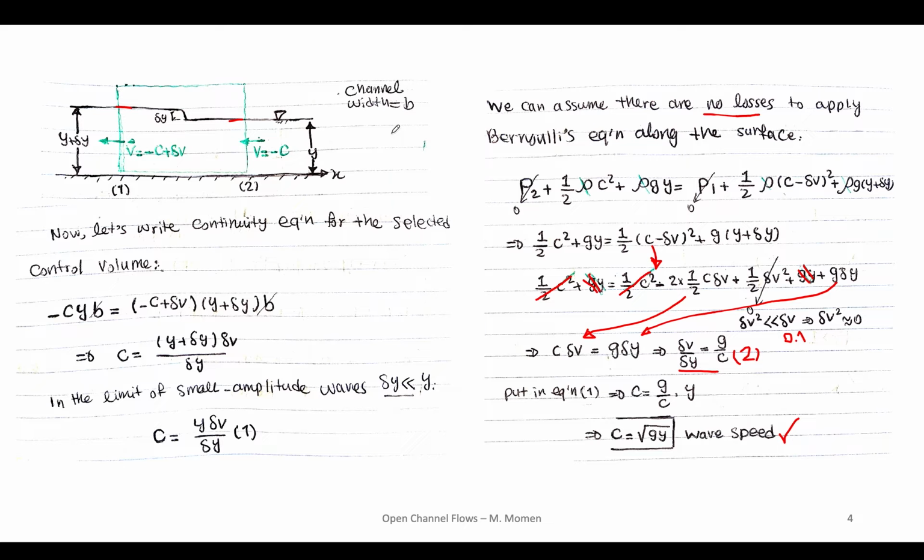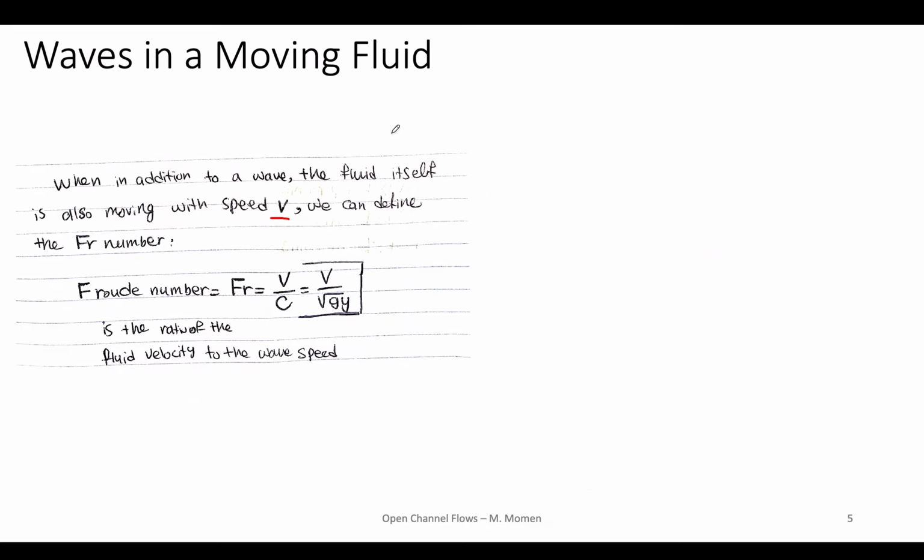So you have both these interactions, one from the fluid itself and one from the wave. And now, based on the relative speed of this fluid and the wave, we can define what is known as the Froude number.